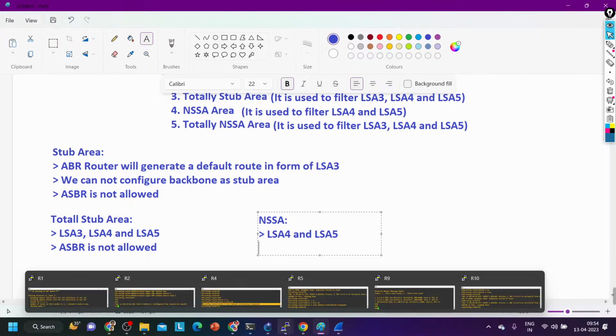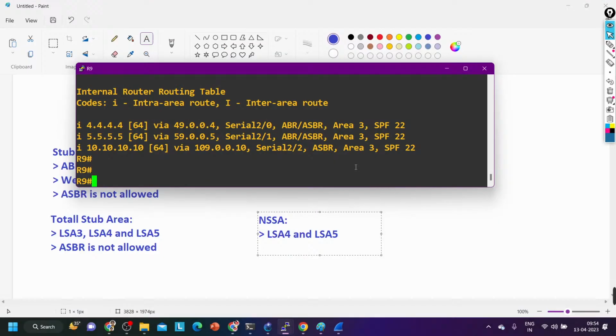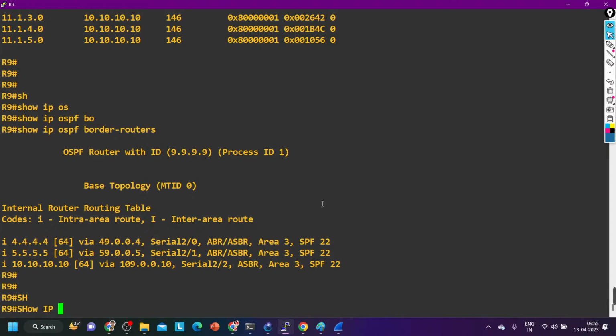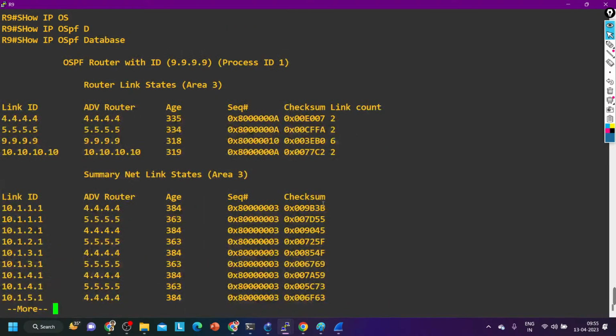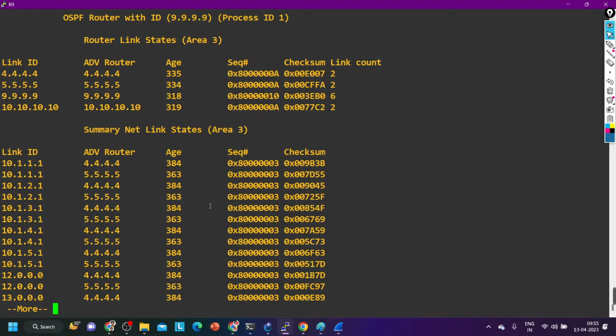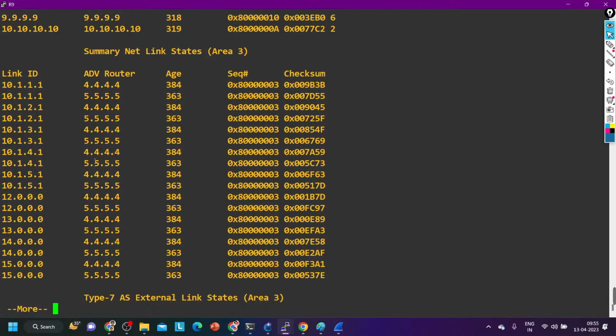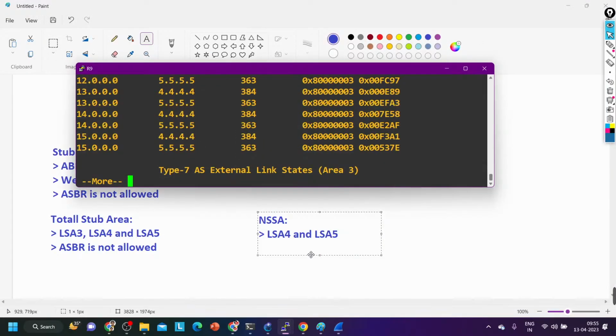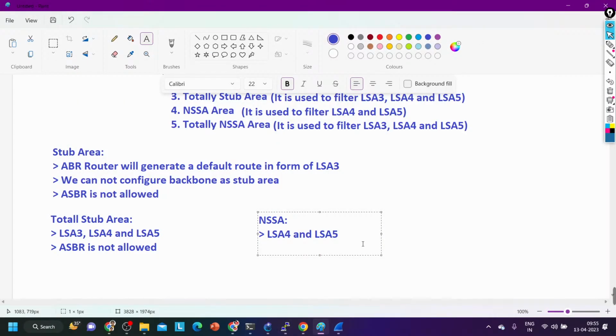Because see that database of router 9, still database size is large. So if you want to filter LSA 3 also, what you can configure? Totally NSSA area. Done. So here you can mention the point like ABR router will generate what? Default route. Yes or no?